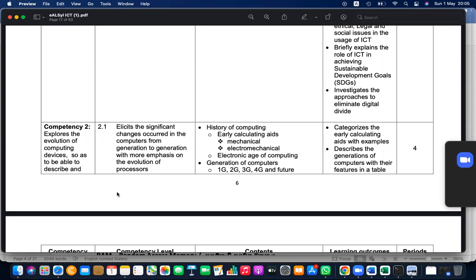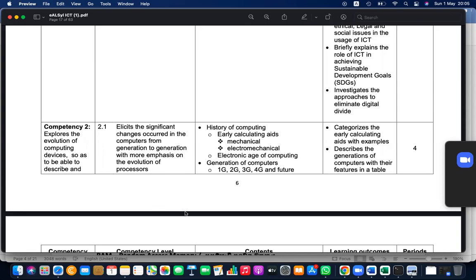First of all, there is a theory part again: the history of computing, how the computer evolved, how the computer was developed. Here we are learning about the generations: first, second, third, fourth, and fifth generation.